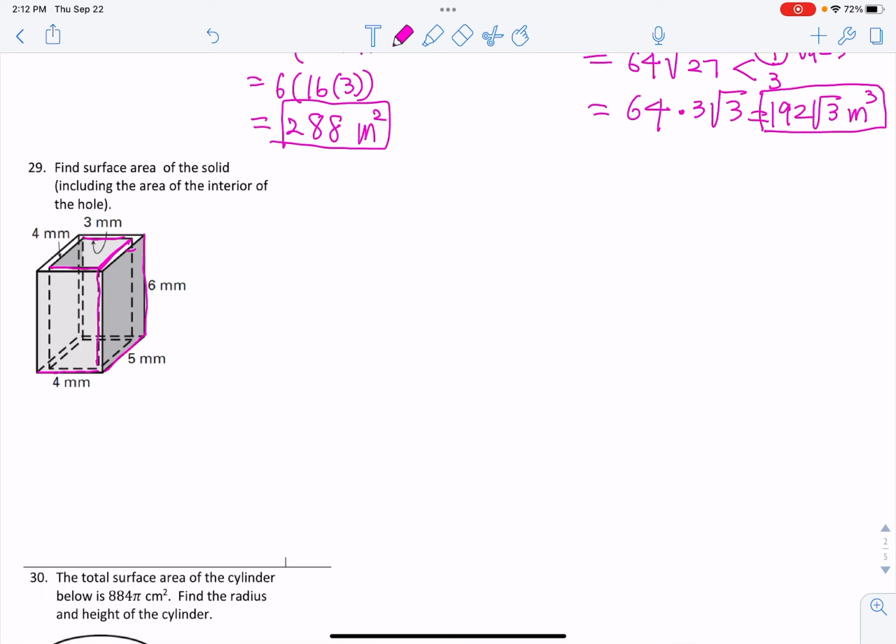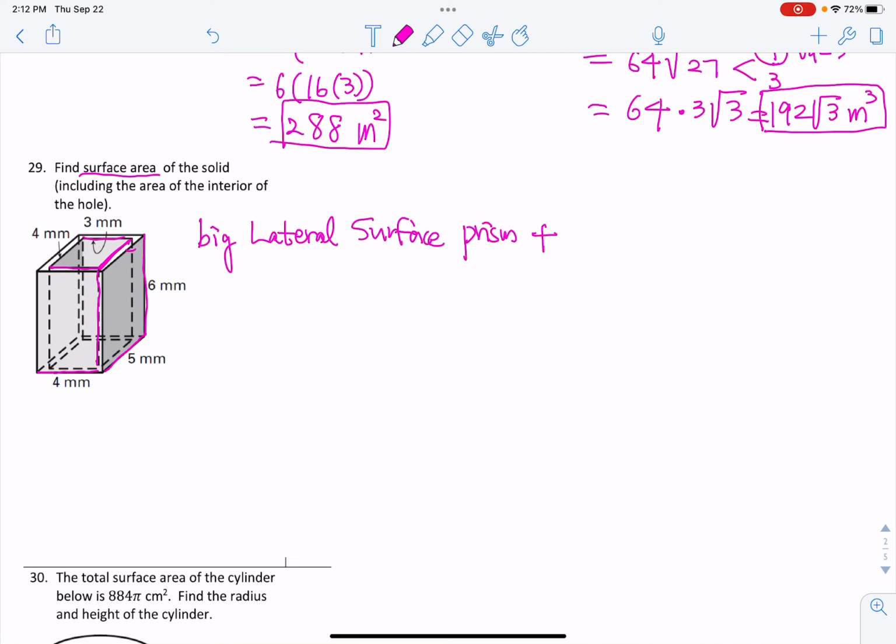It is so tricky about the surface area, because since it has a hole in it, to find the total surface area, it will be the outside big prism lateral surface area. Not only that, the small inside hole shape is also part of the surface area of the whole prism.